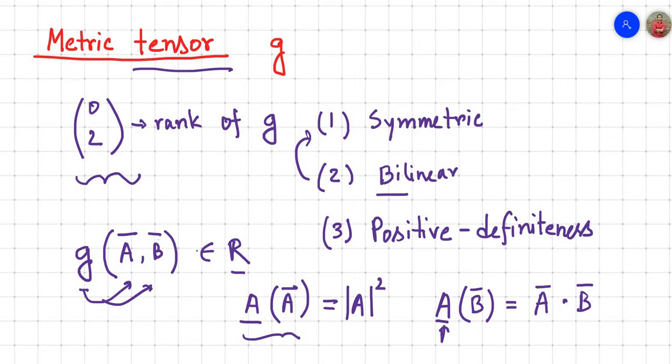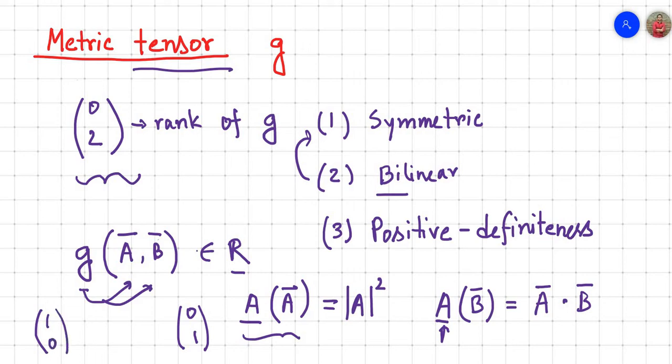So if you think it's a little bit difficult to understand, just remember I'm not defining anything new. I'm just reinterpreting the definition of the dual vector. So dual vector in this sense is a rank 0,1 tensor. What about the vectors? The vectors are also tensors. They're 1,0 tensors.